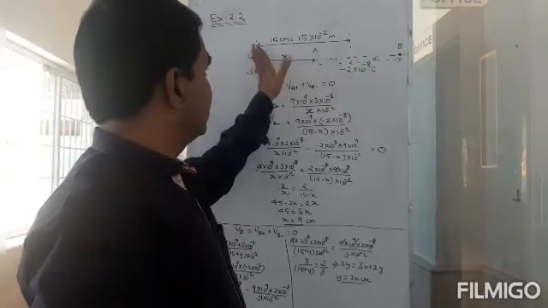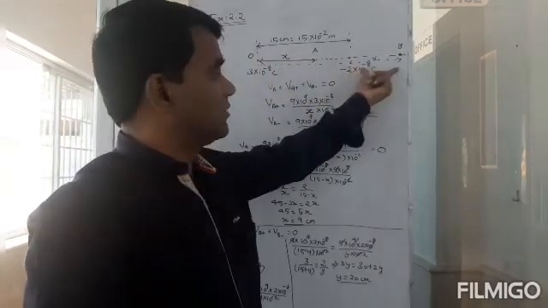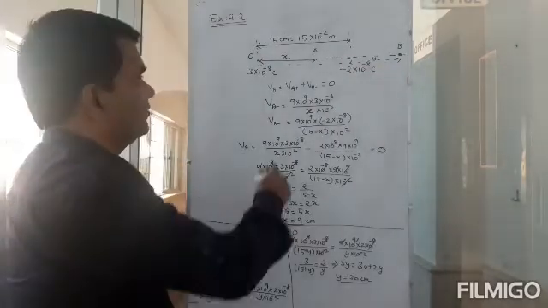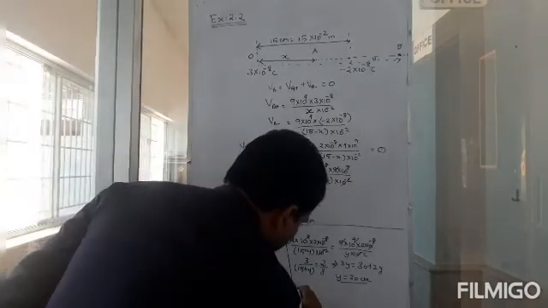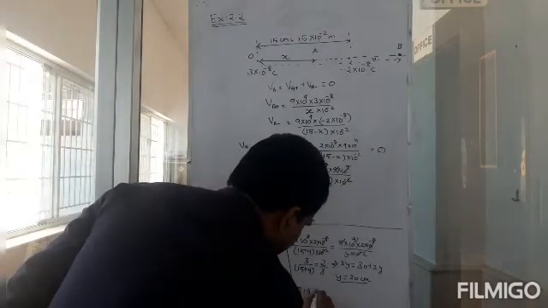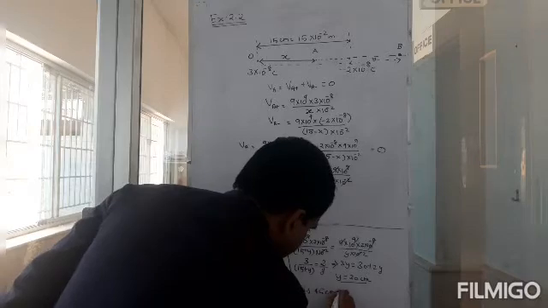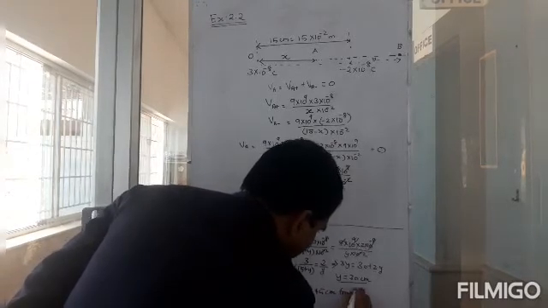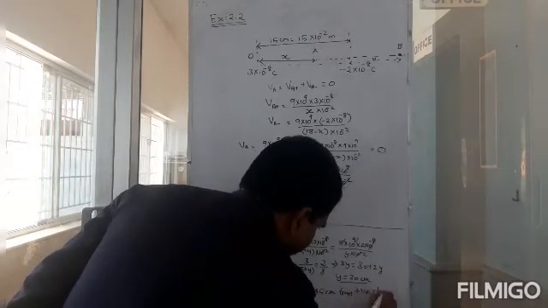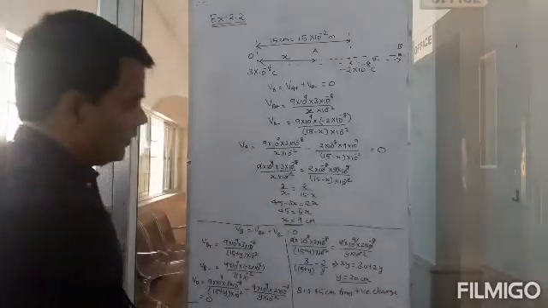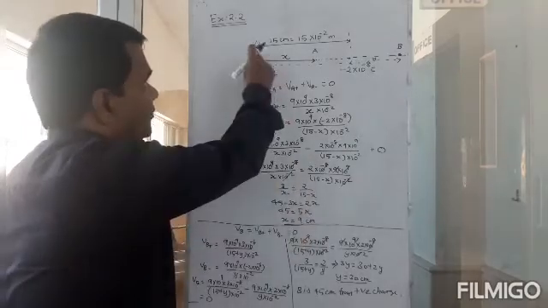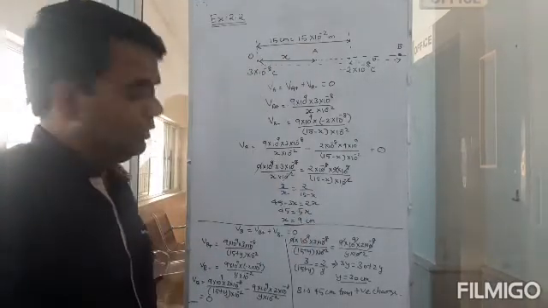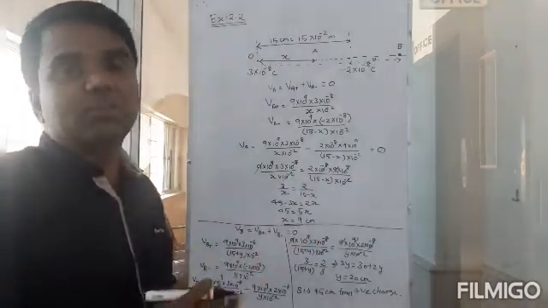From the positive, it will be 15 plus 30, so 45. So B is 45 centimeters from the positive charge. Okay. And A is 9 centimeters from the positive charge. So this is how you do this problem.